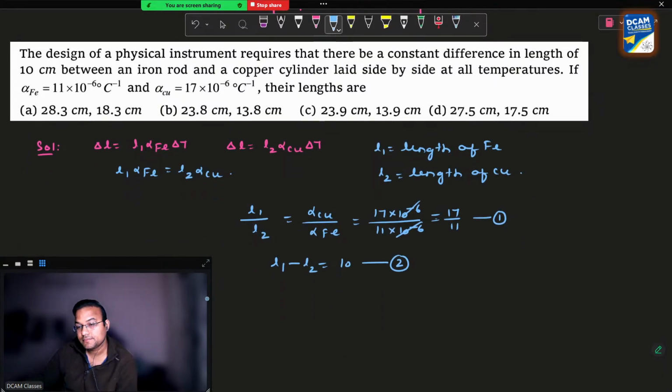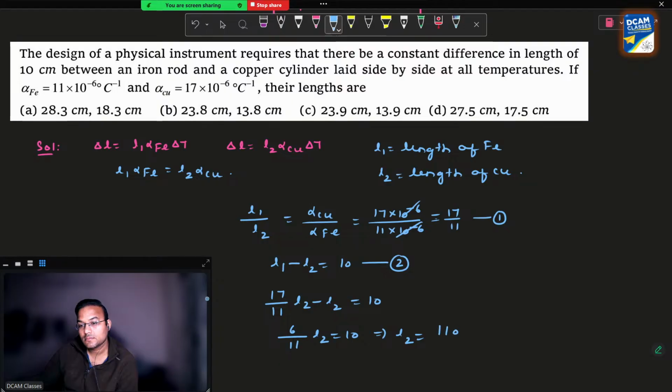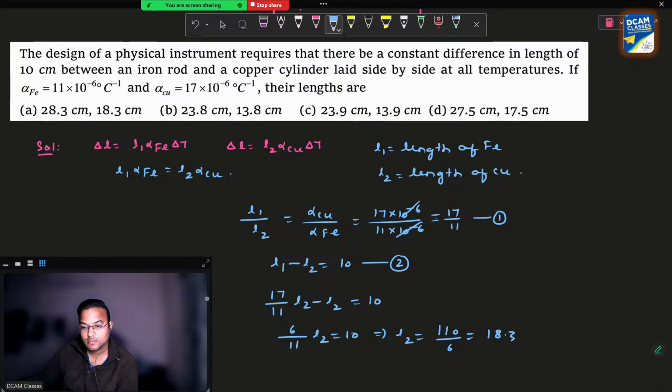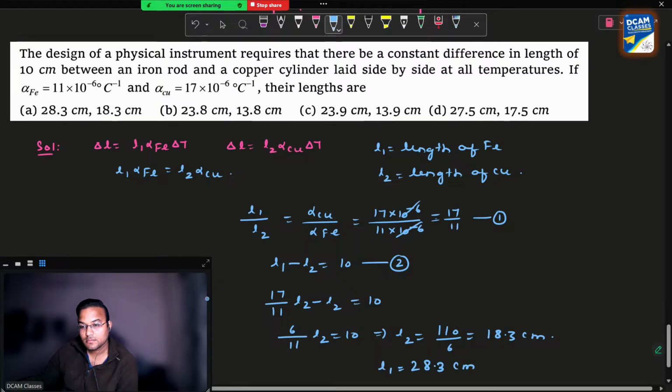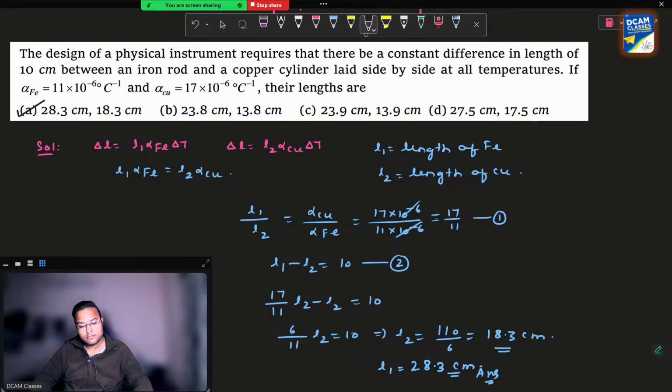Now we have to solve it. What happened, Haripriya?